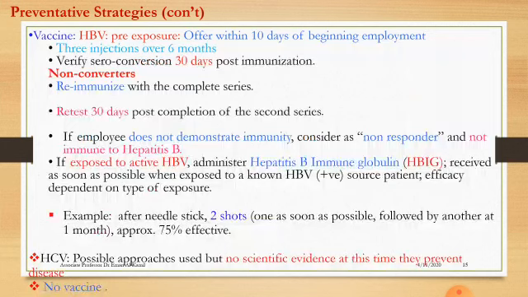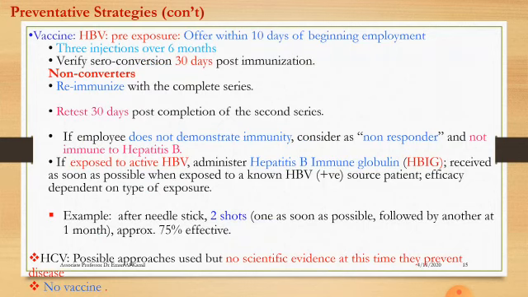There are certain strategies depending on the suspicious virus, whether it is hepatitis B, HIV, or hepatitis C virus. So the hepatitis B vaccine is important.